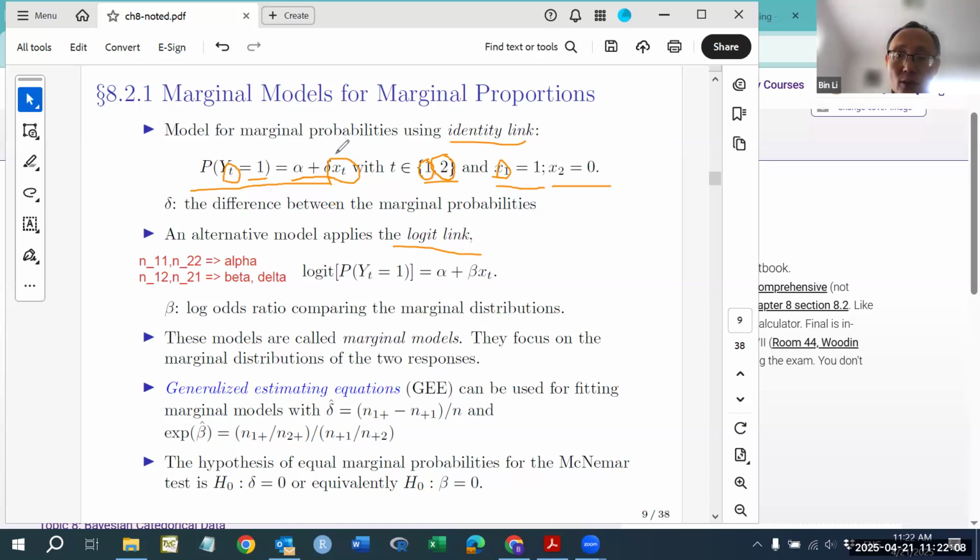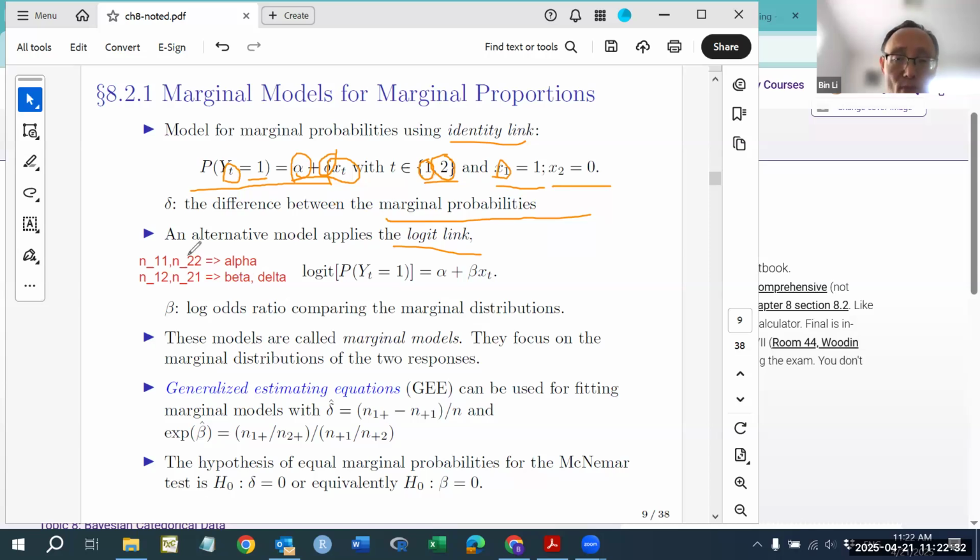So what is delta? Delta is the difference between the marginal probabilities. And in this case, the baseline group is question 2, because question 2 has x_t equals 0.